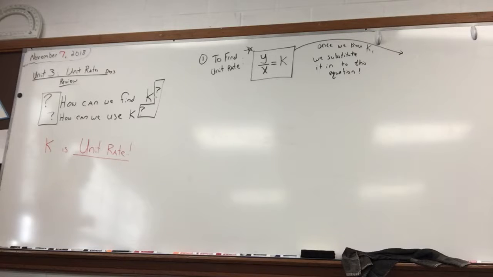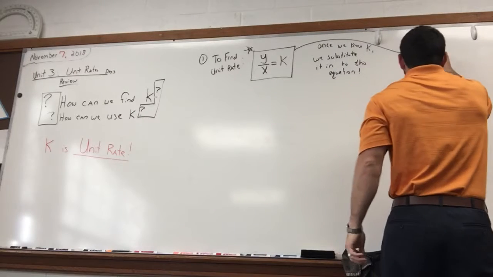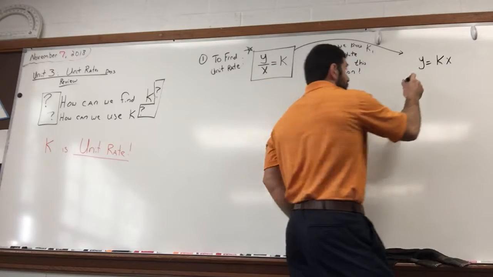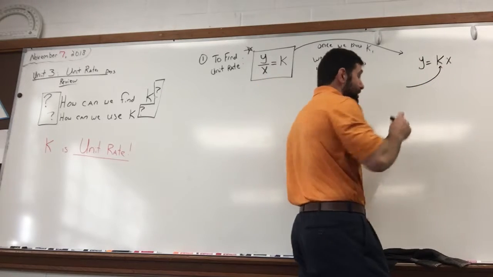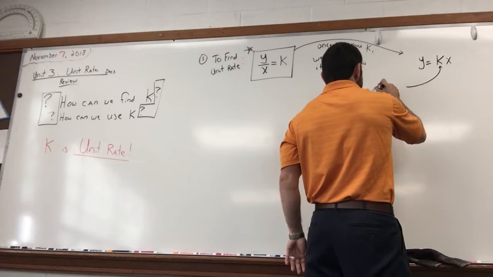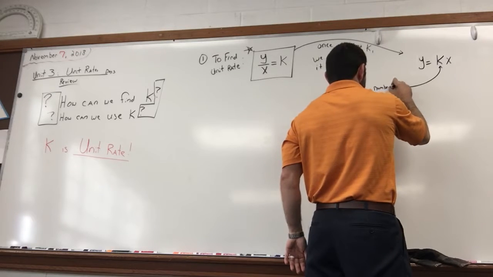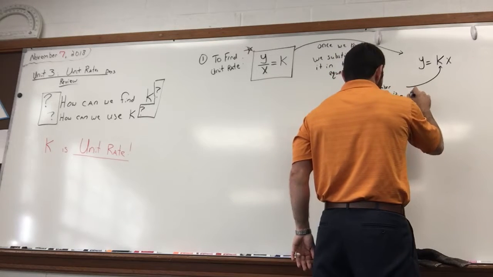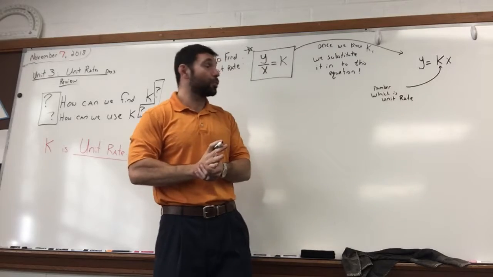Trevor? I think it's y equals k. Woo! Trevor! You're the man right now. Y equals k times x, where k is a number which is unit rate.